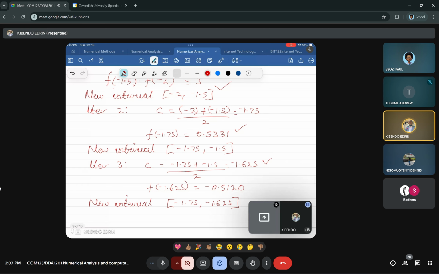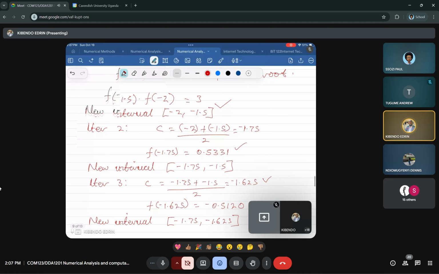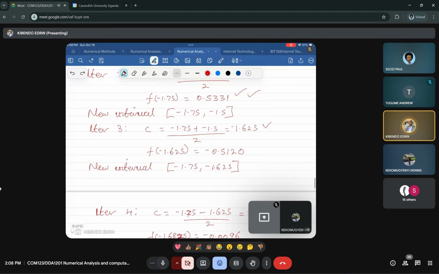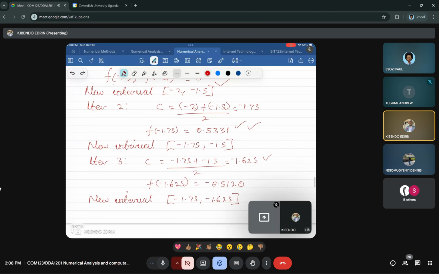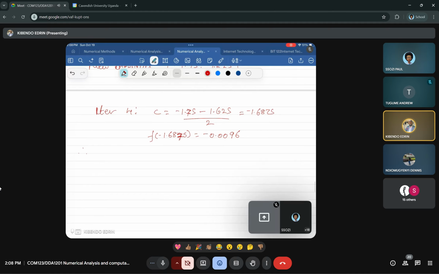So the root is actually, what is the root? The root is 0.5331. It's not a negative. So I said the root.